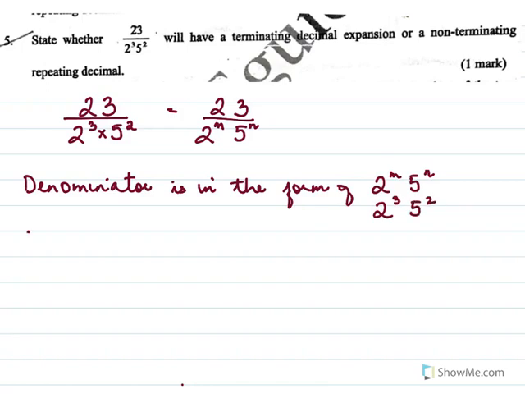So it's got factors 2 and 5. Therefore 23 over 2 raised to 3 into 5 raised to 2 is a terminating decimal.